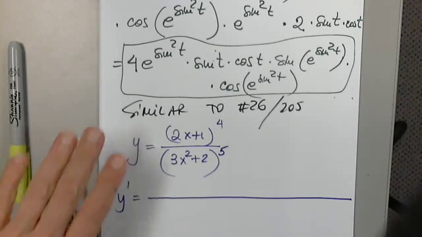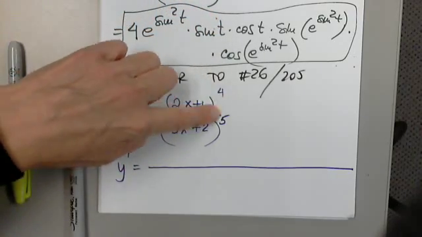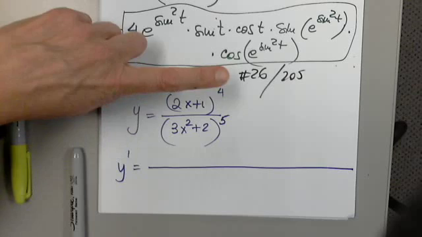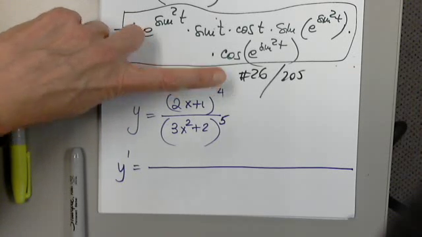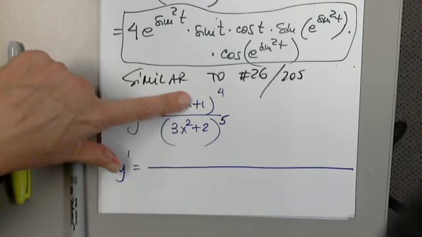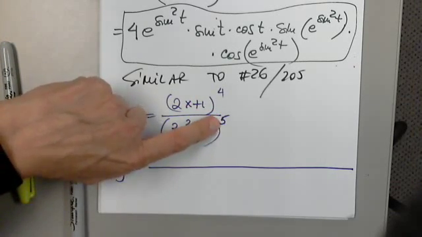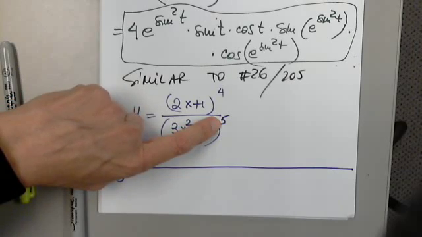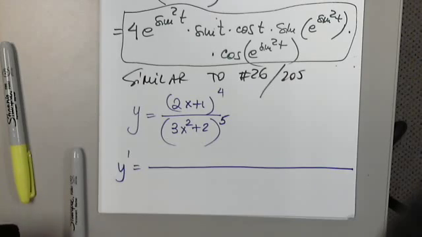Why is it a mess? Because the function at the top is a function composition. The outer is power 4, and the inner is 2x plus 1. Also, the denominator is a function composition. The outer is power 5, and the inner is 3x squared plus 2.